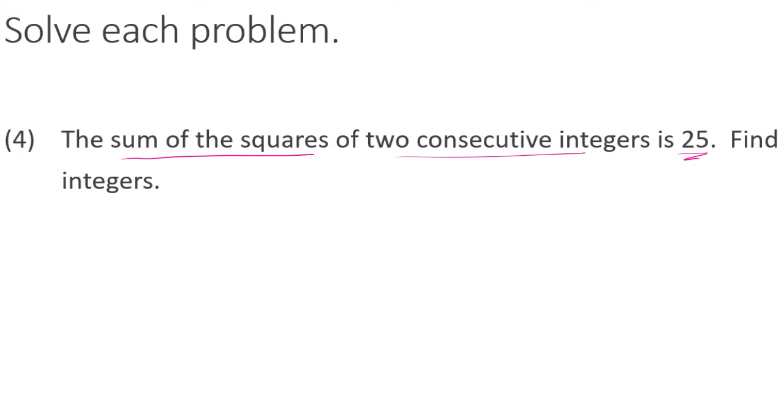So first of all, sum of the squares. That means we're going to add them and square them, right? We're going to raise them to the second power. So we have two consecutive integers, with x being the first integer and x plus 1 being the second. So we're going to add their squares.